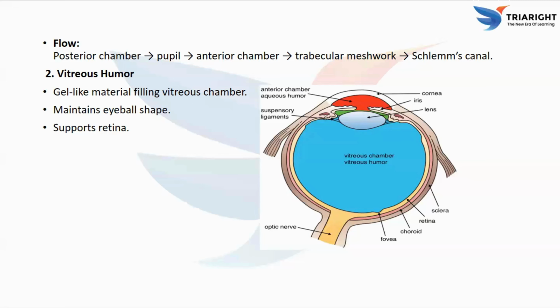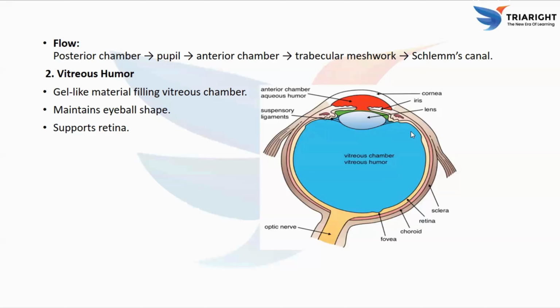So here there is a picture showing you the anterior chamber and the vitreous chamber. The vitreous chamber or vitreous humor is the large blue area behind the lens. And the anterior chamber or aqueous humor is the light colored area in front of the iris and cornea. The cornea is a transparent outermost layer which helps to focus light. The biconvex outer transparent structure which focuses light sharply is the lens.